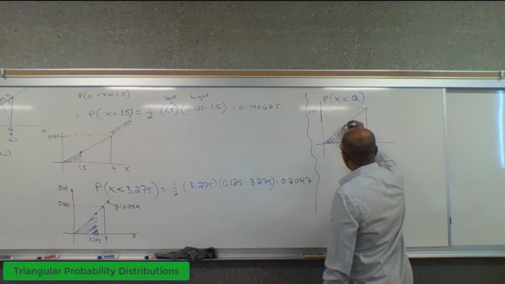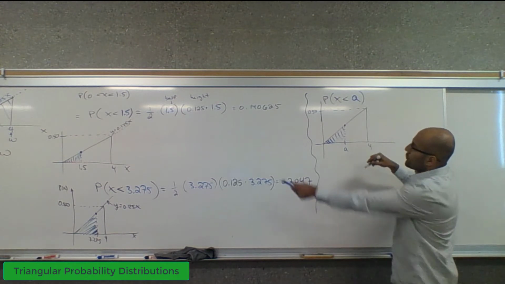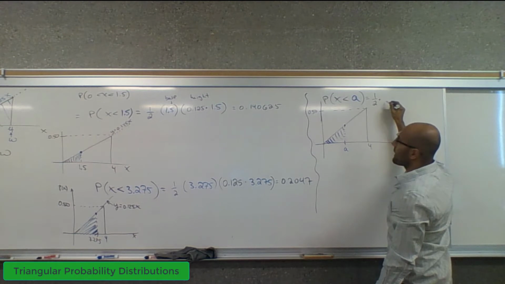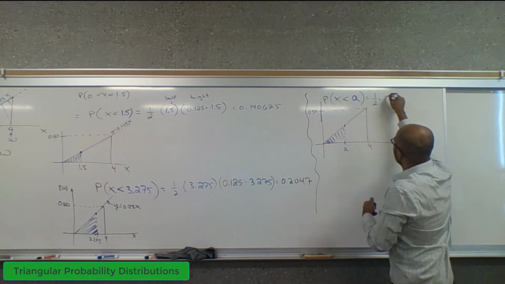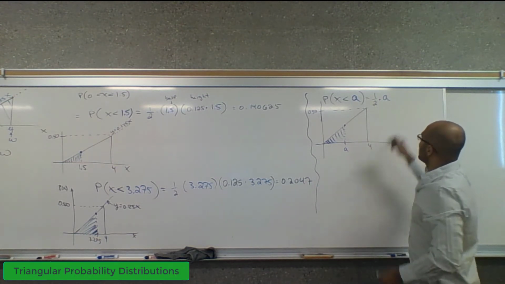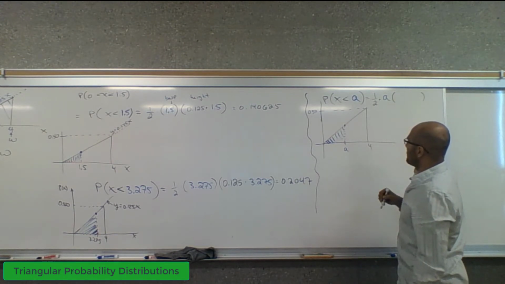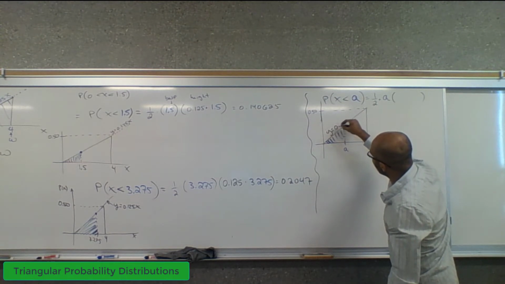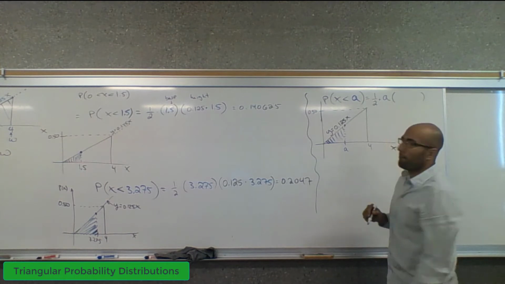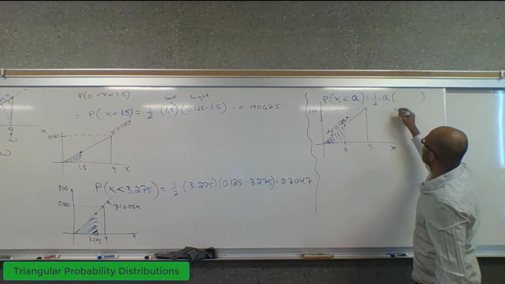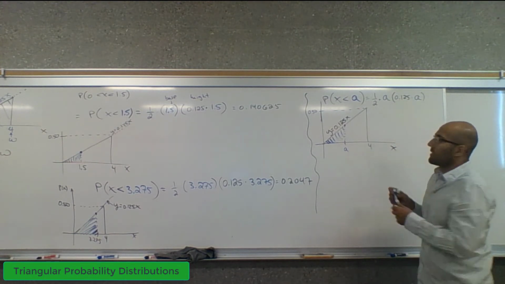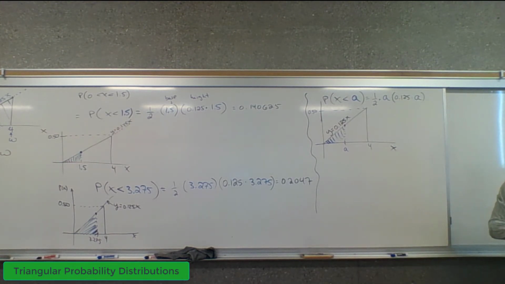And I want to find that point, I evaluate it. So just like before, this is going to be equal to 1/2 times the base, and the base is A, times the height, and the height is going to come from evaluating this equation at 0.125x. So this is going to be equal to 0.125 times A. Good.